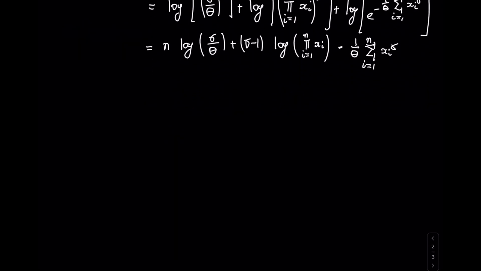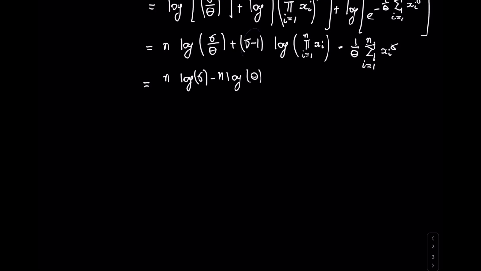In the next step, we can do one last bit of simplification here, in that n log of gamma on theta can be rewritten as log gamma minus log theta, but we still have the n out the front, so we've got n log gamma minus n log theta.